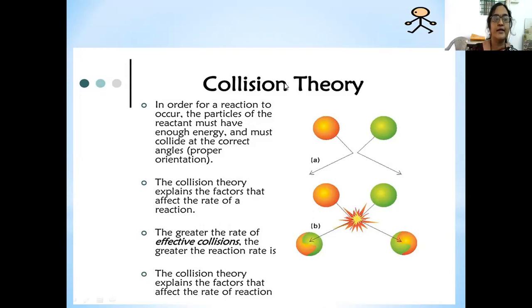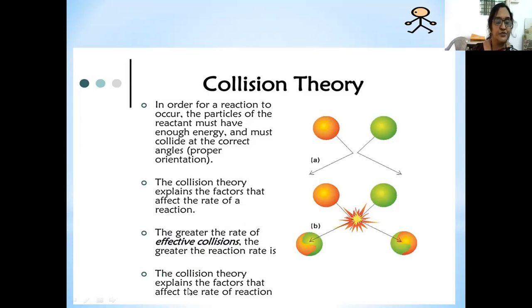So according to the collision theory, in order for a reaction to occur, particles of the reactants must have enough energy and must collide at the correct angle, that is, the proper orientation. Collision theory explains the factors that affect the rate of reaction. The greater the rate of effective collisions, the greater the reaction rate.